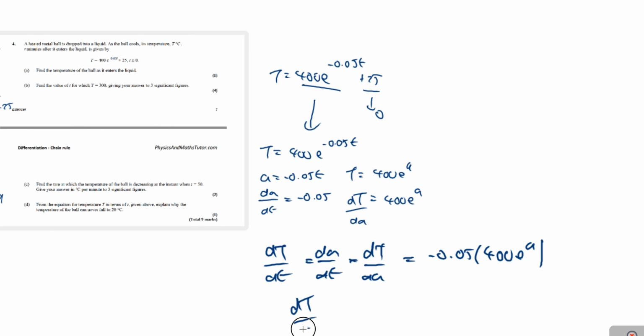So the change in temperature over change in time, dT/dt, is equal to minus 20 e to the minus 0.05t.